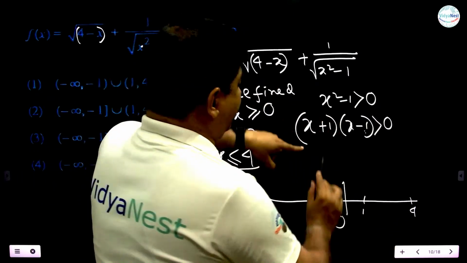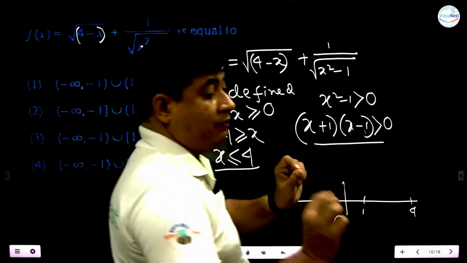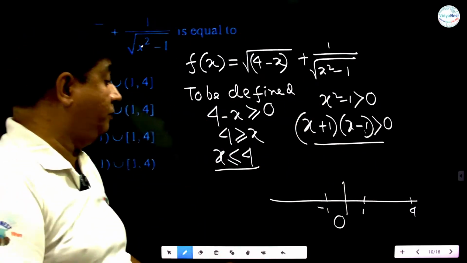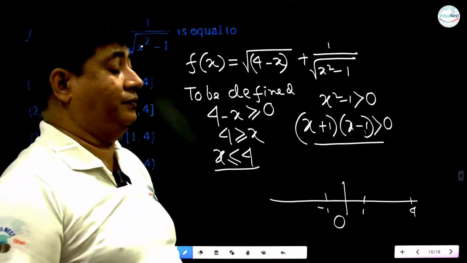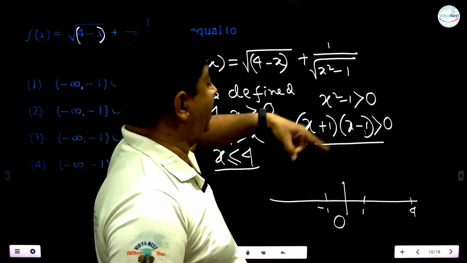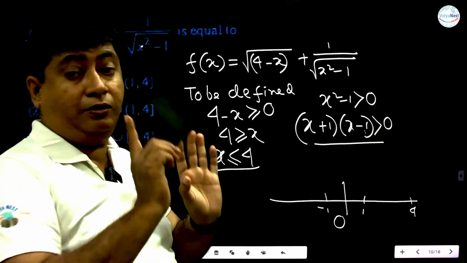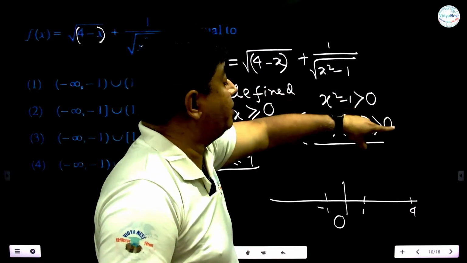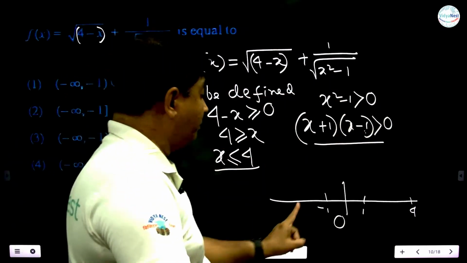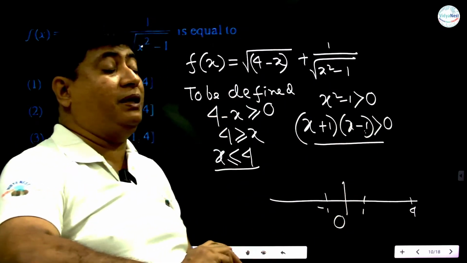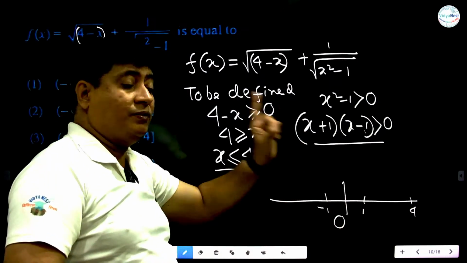Now, for this inequality, I will choose one arbitrary value between minus 1 and plus 1. And if for that value that inequality holds, अगर वो वैल्यू के लिए अगर ये इनइक्वालिटी वैलिड हो जाए तो -1 और +1 का बीच में सब वैल्यू के लिए ये वैलिड होगा.